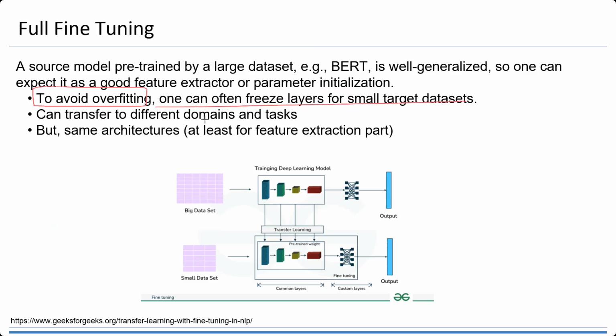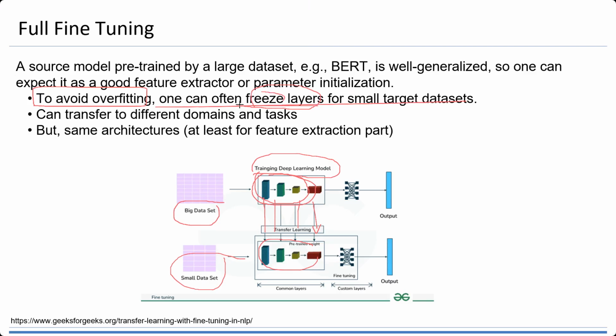Okay. So we have the big dataset. When we train on the big data, once we transfer it, we need to freeze some layers because the data is too big here, and when there are many layers, it is good. But when we have a small data set, if we include all the layers, it is not good.